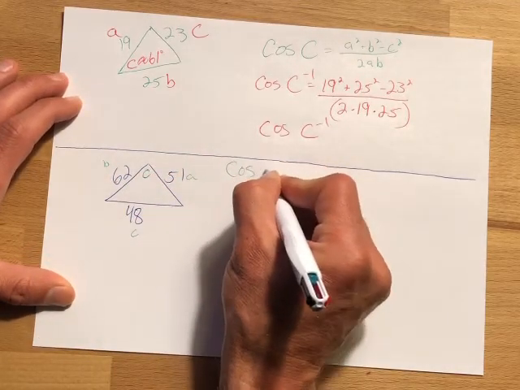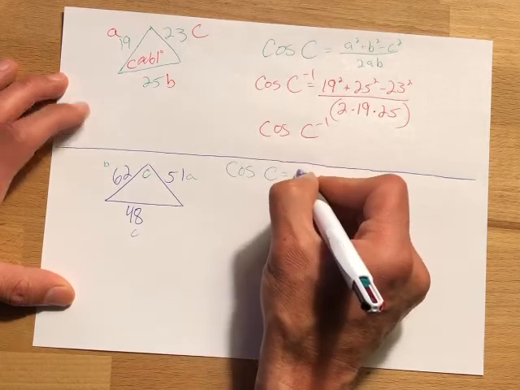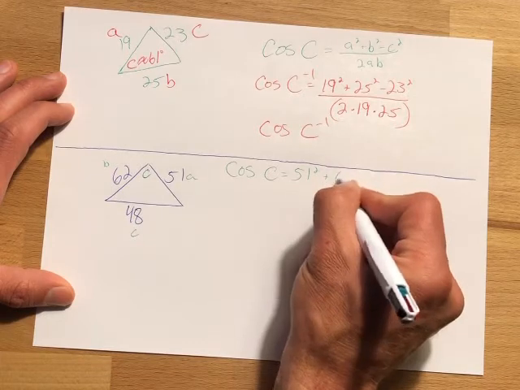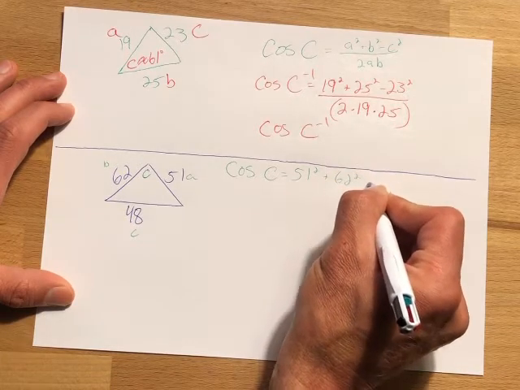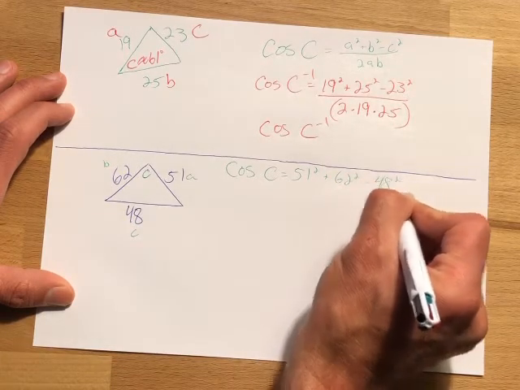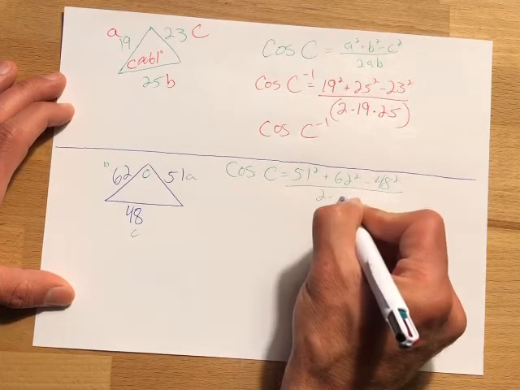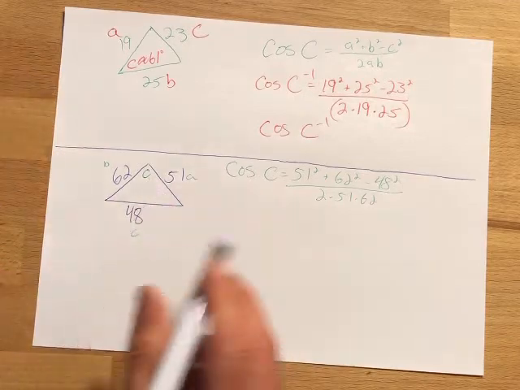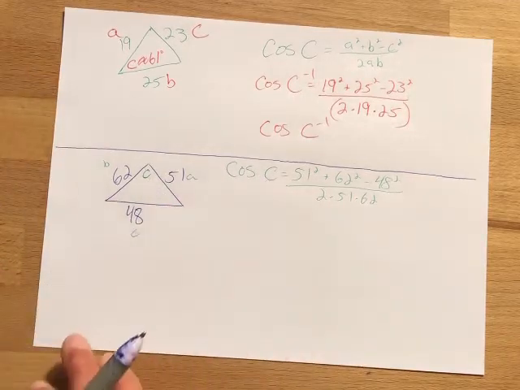Let's say cosine of angle C equals A squared plus B squared minus C squared over 2 times your A times your B. And then I'm going to do inverse cosine of that answer.